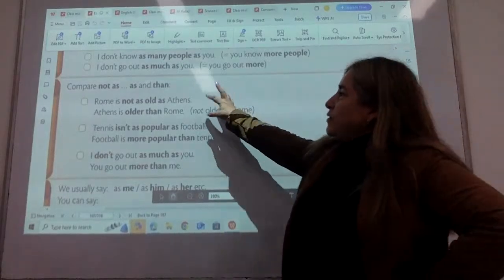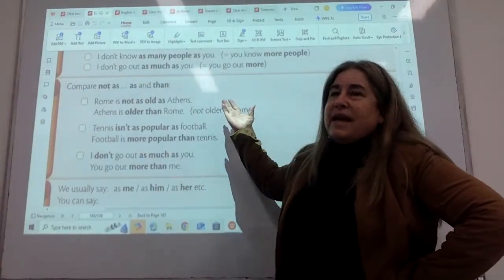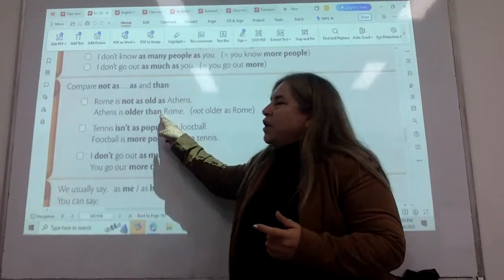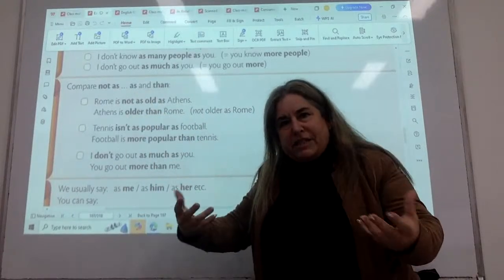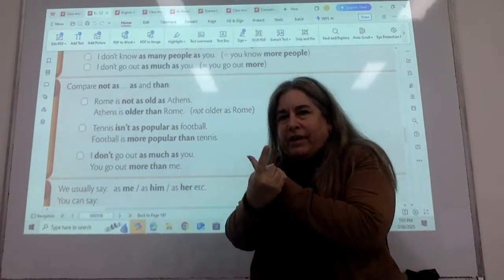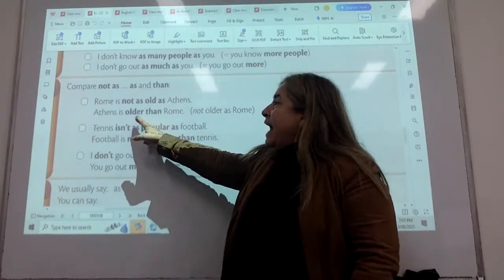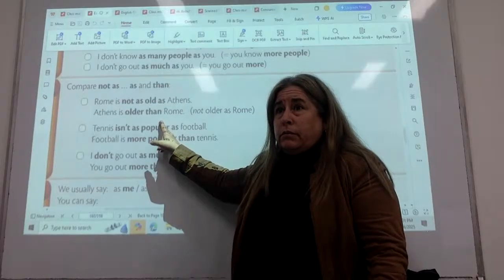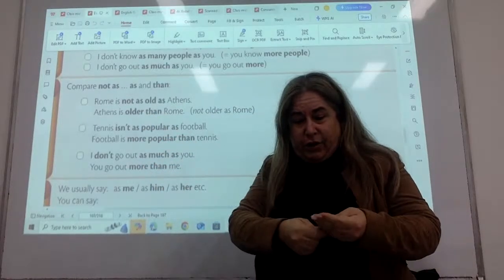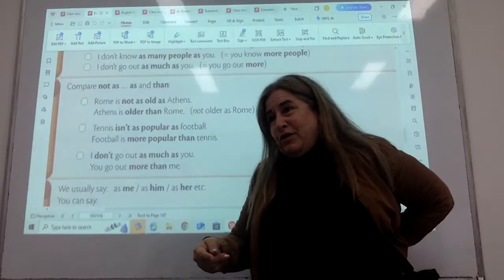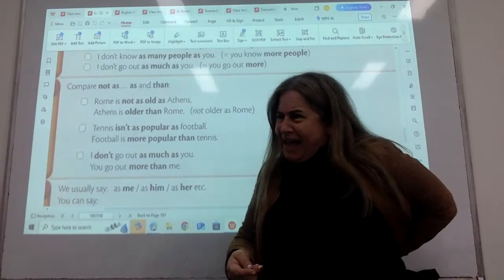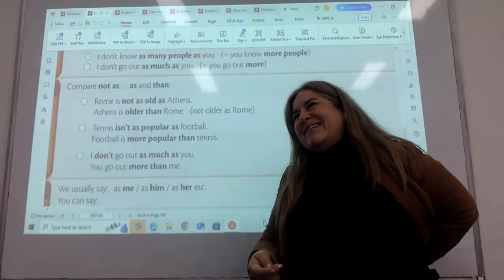And so then it says, look, compare. It's the same. The only thing is the ideas change, because in this one, you're being affirmative, you're being positive. In this one, you're saying the same, but this is why we twist to say Athens is older than Rome, but then you go Rome is not as old. And here you have to be careful, because remember when you said, for example, oh, it's 500 meters less, and I said less, and you said, oh, I made a mistake.